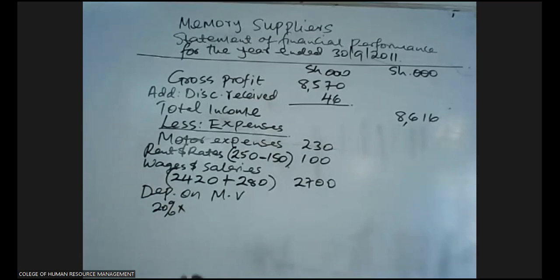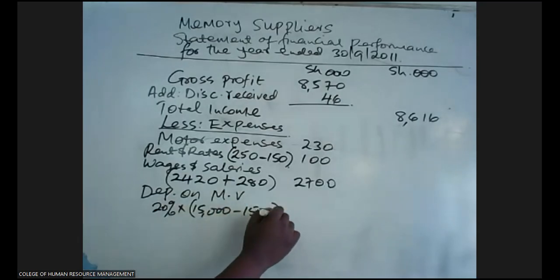On reducing balance, I told you, you do the depreciation on the net book value. You don't multiply by the cost. So we are given the motor vehicle cost is 15,000. But now you are told it is depreciated at 20% on the reducing balance. So you are going to take the cost, which is 15,000, minus accumulated depreciation or provision for depreciation on motor vehicle, which is 1,500, which is given there.